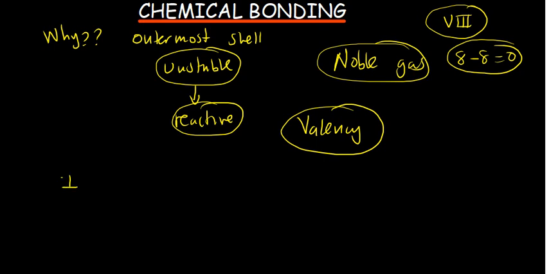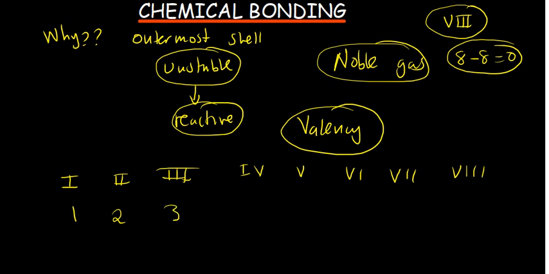You have got group 1 elements, group 2 elements, group 3 elements, group 4, group 5, group 6, 7, and 8. Group 1 elements have got a valence of 1. Group 2 elements have got a valence of 2. Group 3 elements have got a valence of 3. Group 4 elements have got a valence of 4. Group 5 elements have got a valence of 3. Group 6 elements have got a valence of 2, of 1, and then of 0.